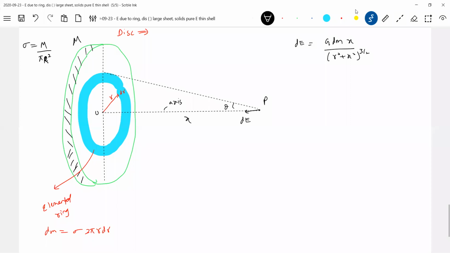Substitute this: sigma 2 pi r dr. We'll substitute and see what we get. Sigma into 2 pi r dr x by so many terms. What are the variables here? Both r and x appear, but x is fixed here. Small r is the variable.